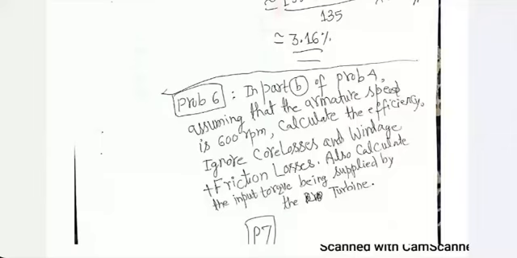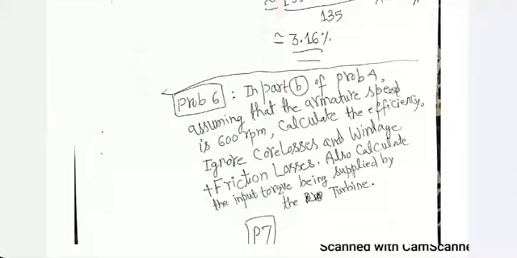Ignore core losses and windage plus friction losses. Also calculate the input torque being supplied by the turbine. How much torque the turbine is supplying to the DC generator. That's the question. That's the second question at least.